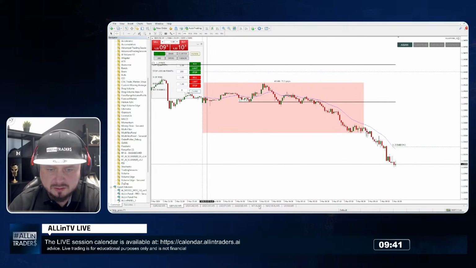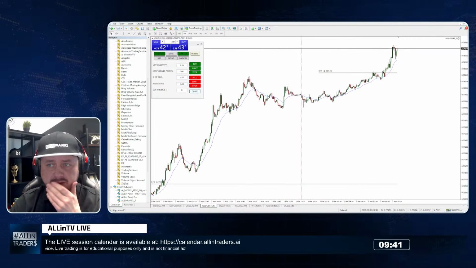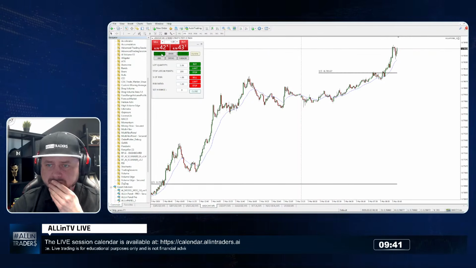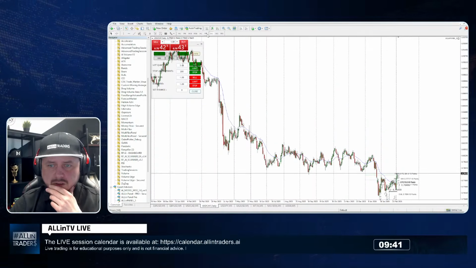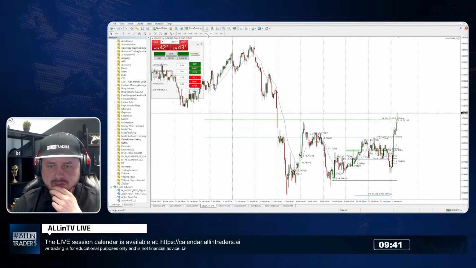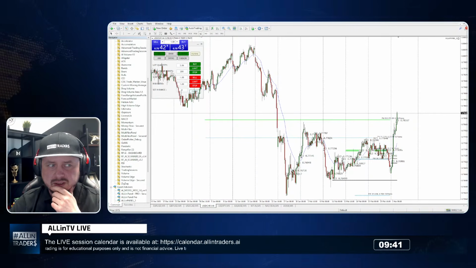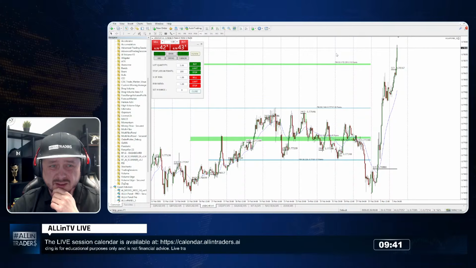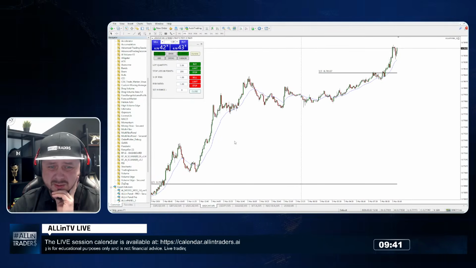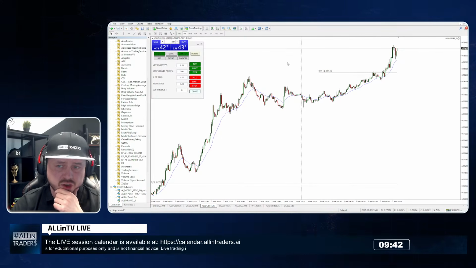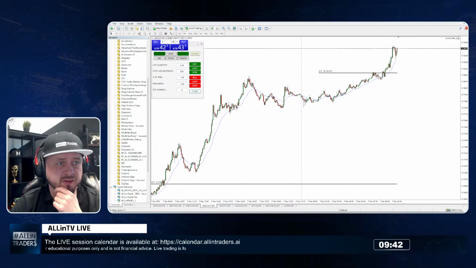GBP, Euro, not yet. Okay, we got USD CAD, USD CHF. Let's check this one out. The thing is with USD CHF, I don't want to look for any shorts because we are in strong bullish trend. So looking for shorts can be a little bit crazy, guys.